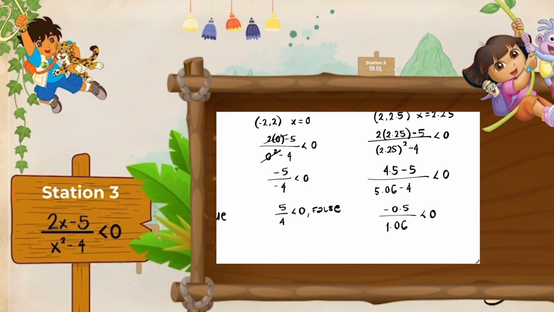One is negative and one is positive, so that means it's negative. And the negative number is less than 0, so it's true.